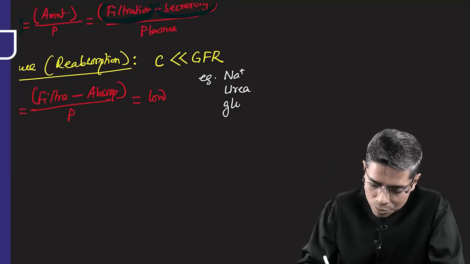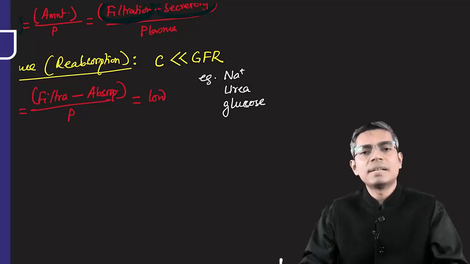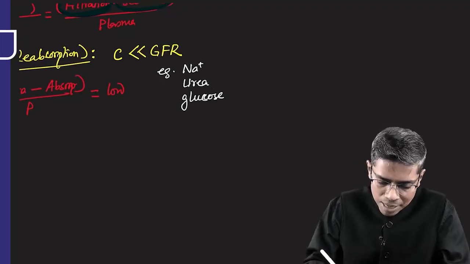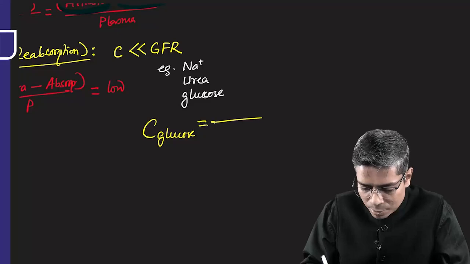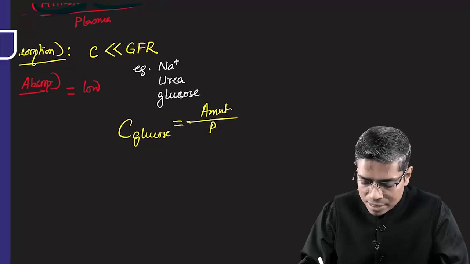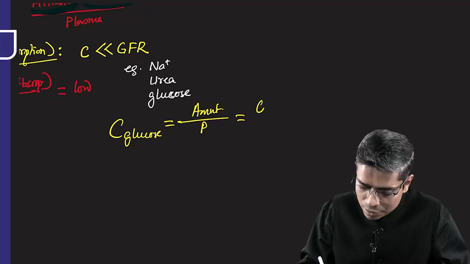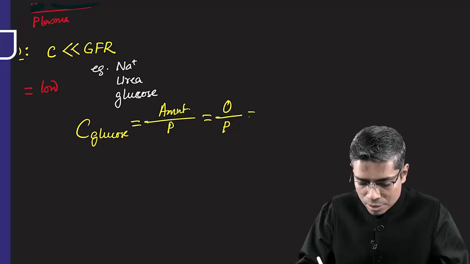And glucose. Okay. Calculate the clearance of glucose in a non-diabetic person. So whenever I'm calculating the clearance of glucose in a non-diabetic person, what is the formula? The formula is urinary amount upon your plasma concentration. What is the amount of glucose in the urine in a non-diabetic person? 0. No glucose. So 0 upon P is equal to 0.